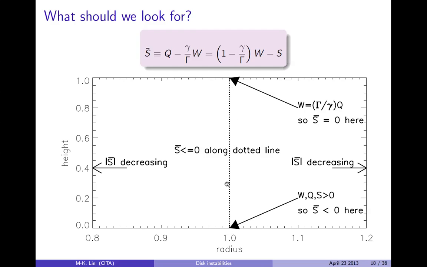I can also argue that its magnitude should decrease away from the unit radius because I want to find radially localized perturbations. I can make all of these annotations without doing any actual calculations.